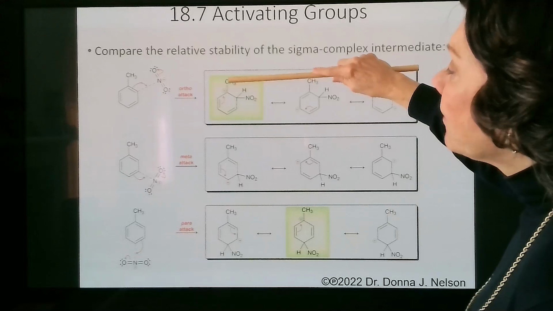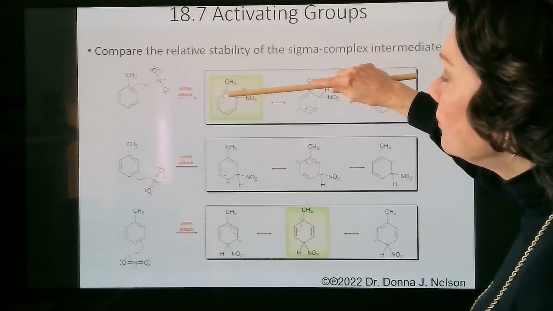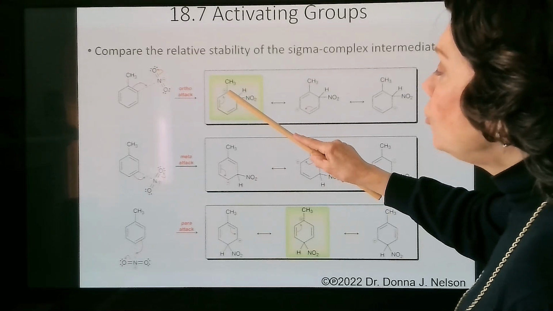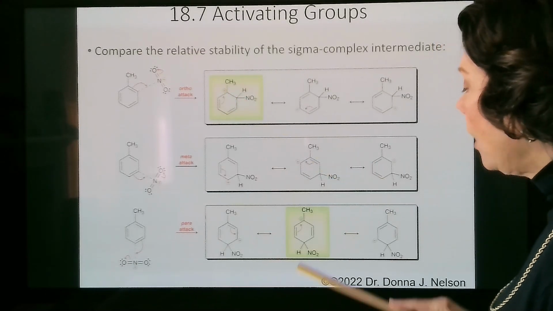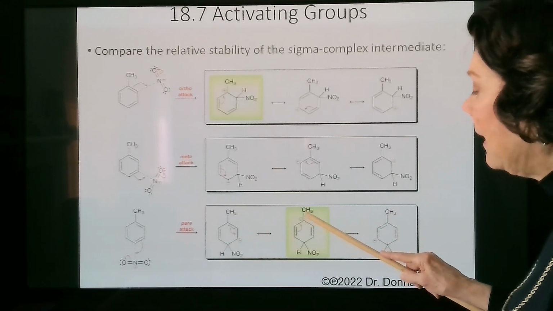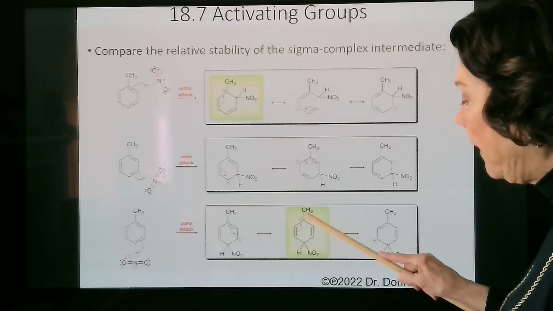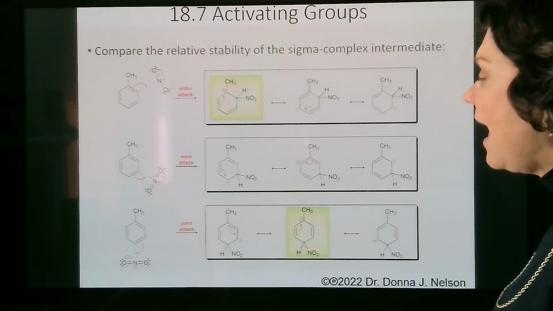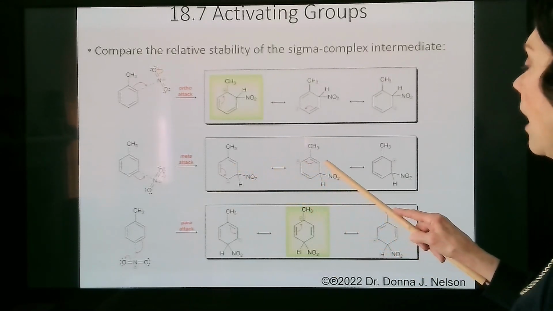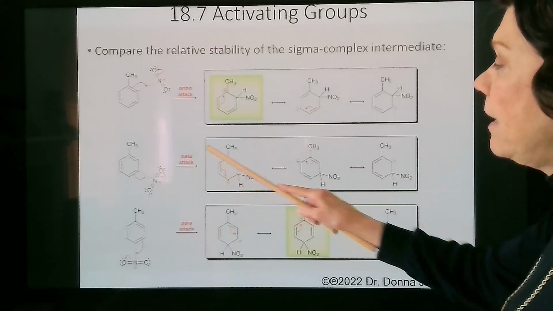So here, the alkyl group donates electron density directly to the carbon bearing the positive charge. And here, the methyl group donates electron density directly to the carbon bearing the positive charge. And that is a stabilizing interaction. You don't have that possible in the meta attack.